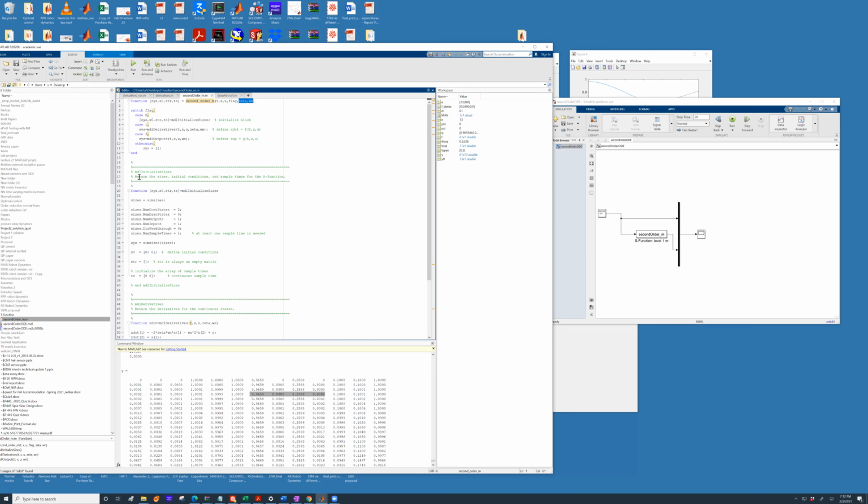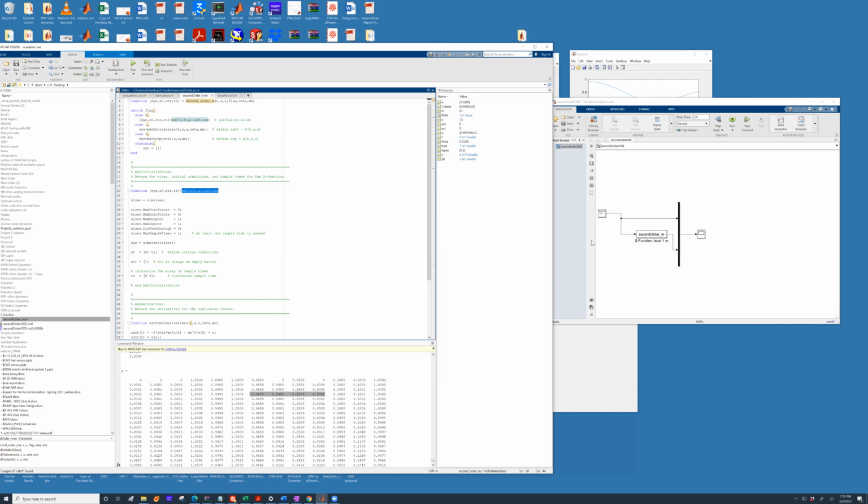Now, what you need to do is initialize. This initialization means supplying the initial values of x0 and the system and the time, and this will always be called mdlInitializeSizes. Why is it called mdlInitializeSizes?